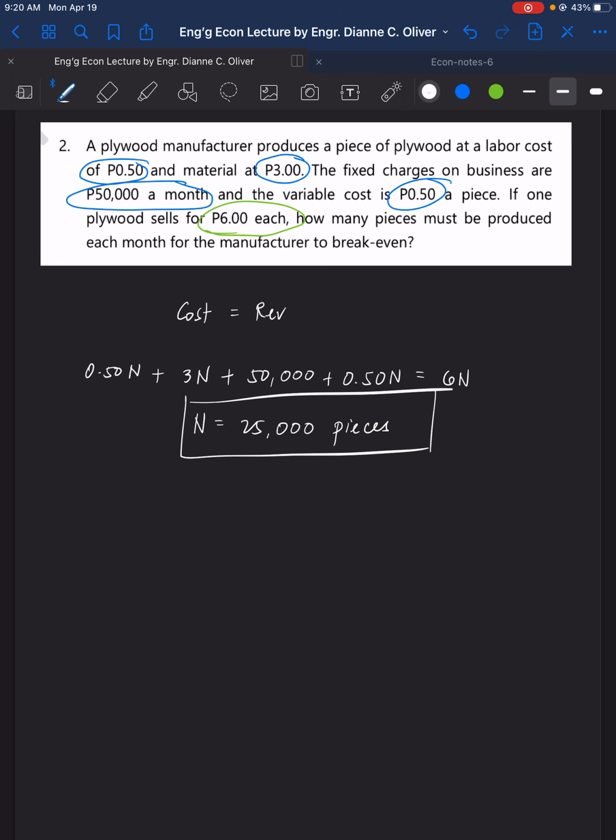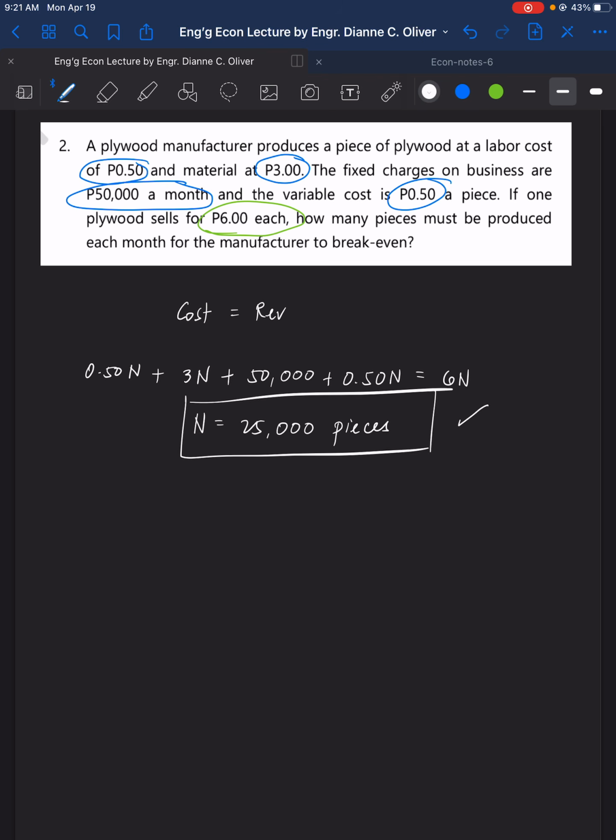So having this data, the costs and the revenue, it says that you need to produce 25,000 pieces of plywood, this is the neutral point.